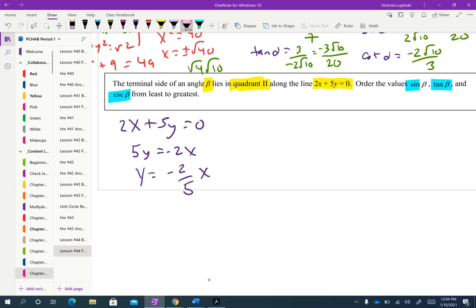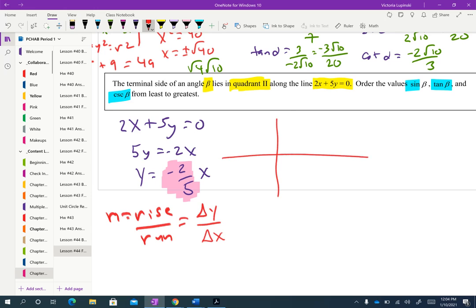If you go ahead and look at where the slope is, if you remember, of course, that a slope is the rise over the run, and basically the change in y over the change in x. What that's telling you is that if you were to go ahead and draw that line, y equals negative 2/5 x, if you're talking about being in the second quadrant, you would draw a right triangle like such.